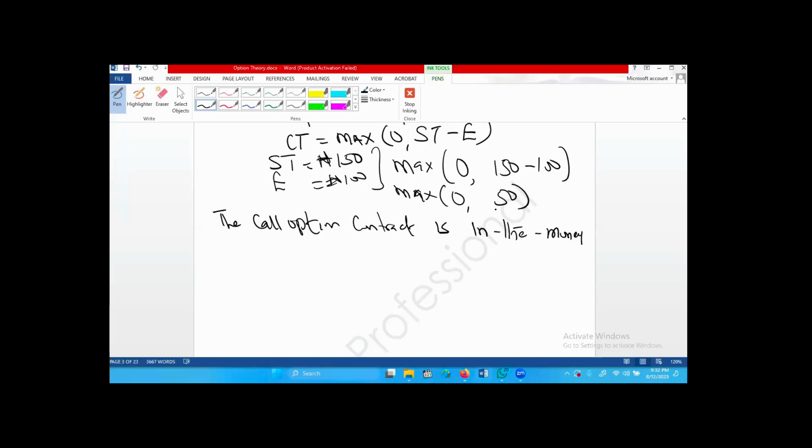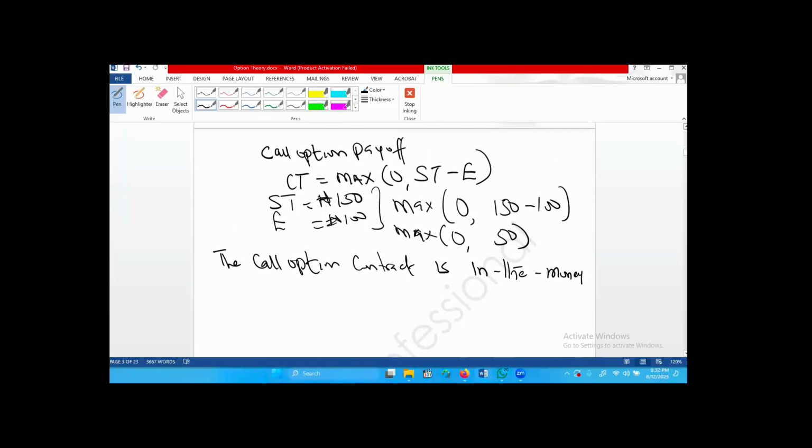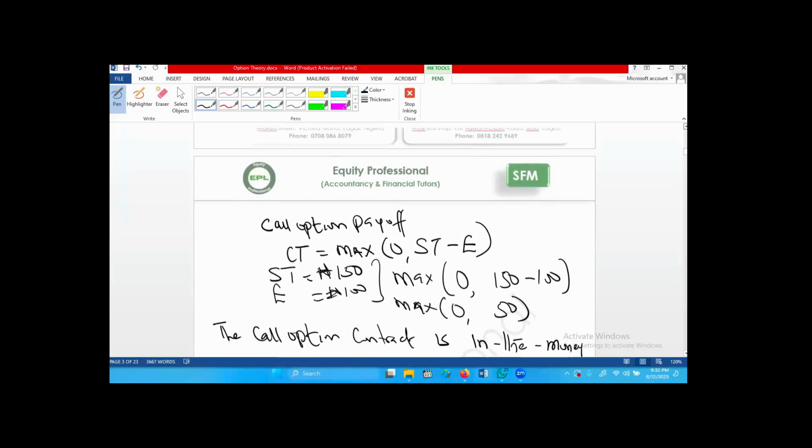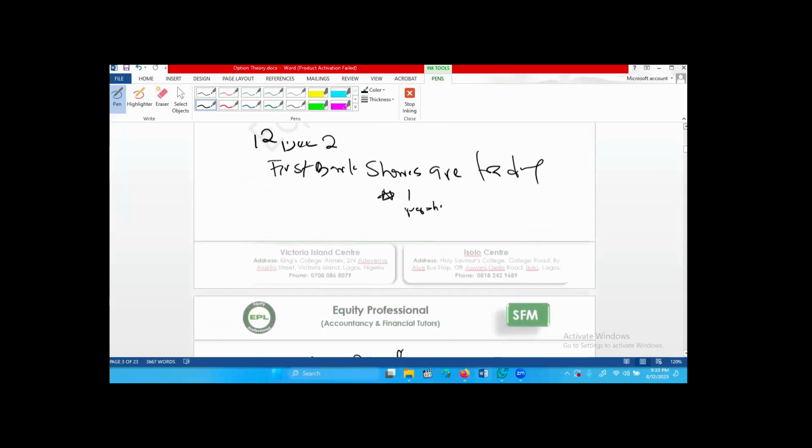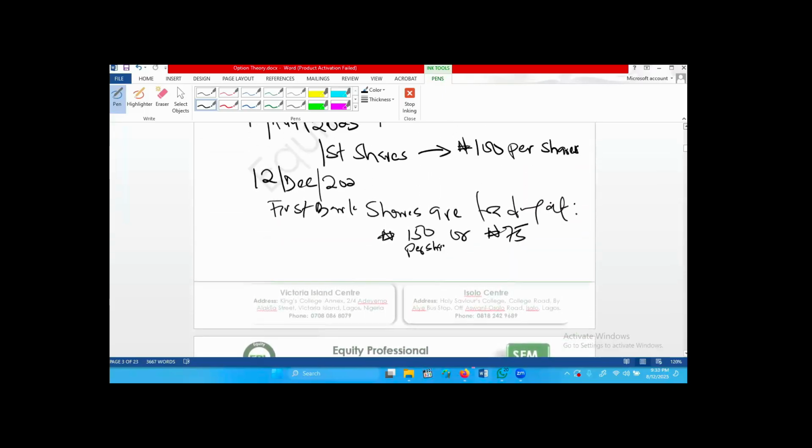Let us look at, okay, before I go out of this, assuming in December, First Bank shares are trading at 75 naira per share.